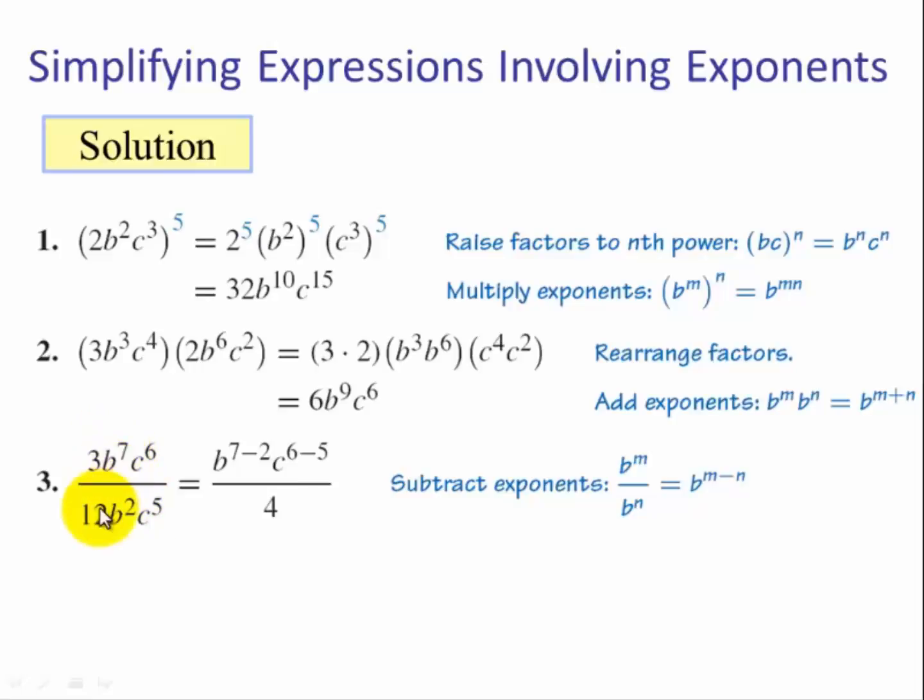So when we divide, we subtract the exponents. 7 minus 2. And then for the base of c, we have 6 on the top, 5 on the bottom. We subtract those two, 6 minus 5. Next, we perform subtraction, and we get b to the 5th times c divided by 4.